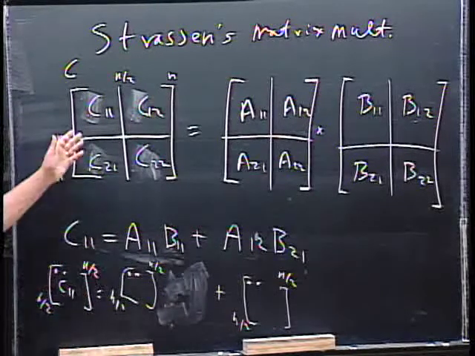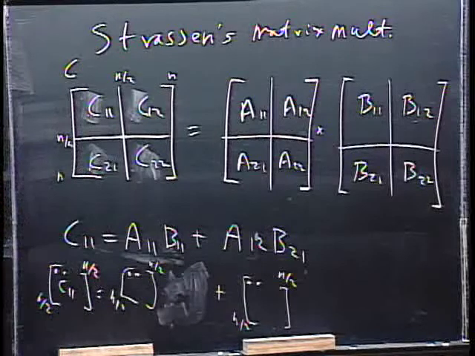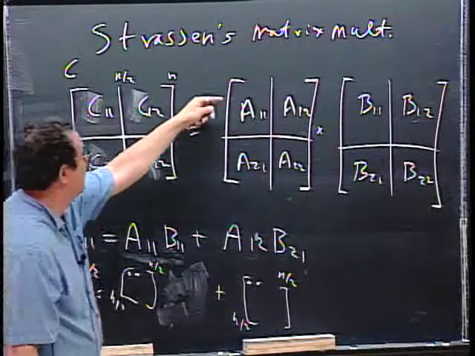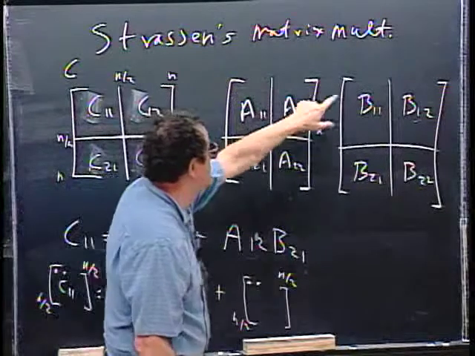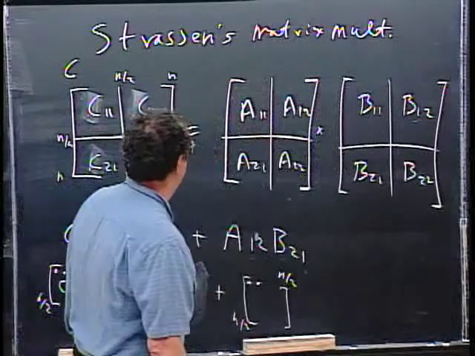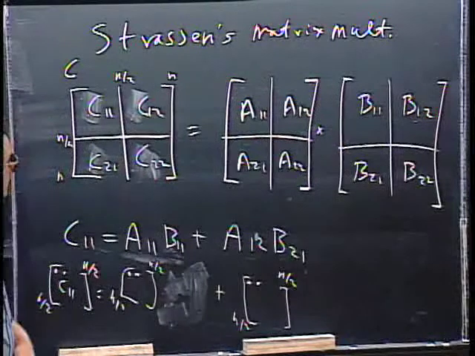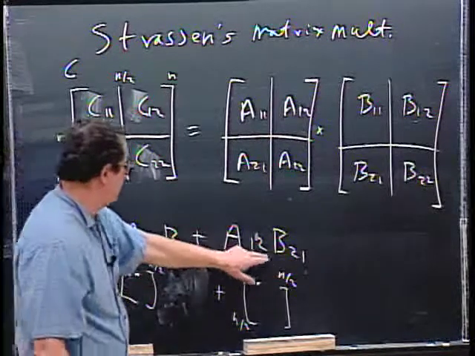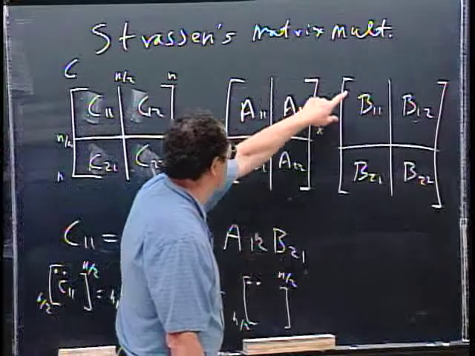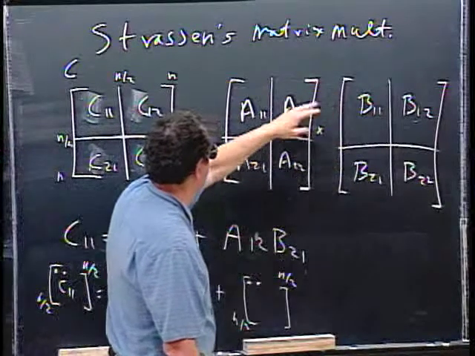Now you have to convince yourself that the correct thing is happening here. When I do this matrix multiplication, it's these elements times these elements, and those are then added up, and so on, and then these elements times these elements, and those are added up, and then those 2 are added.